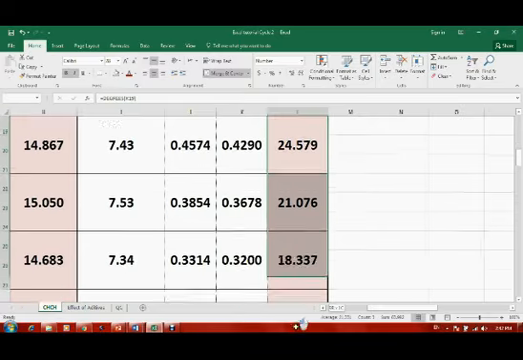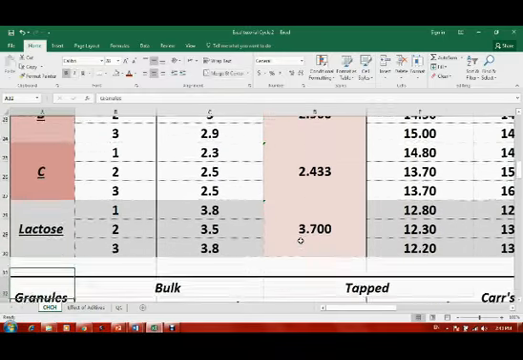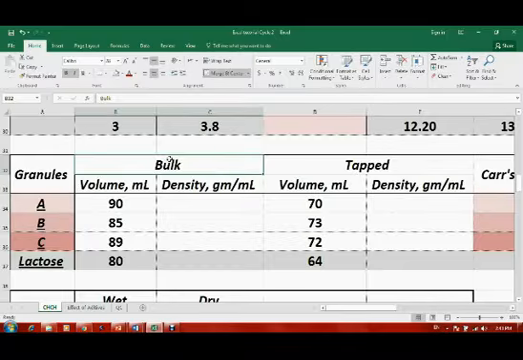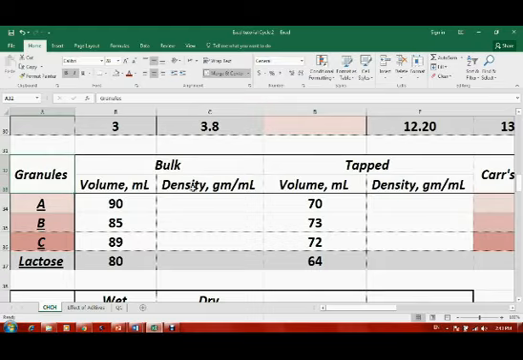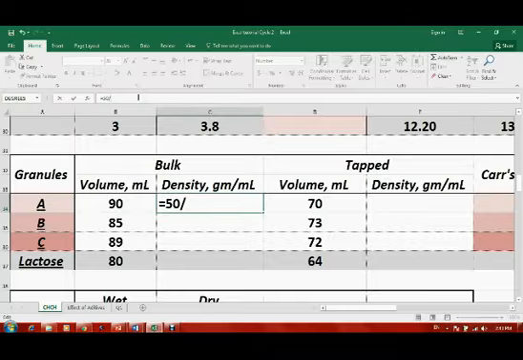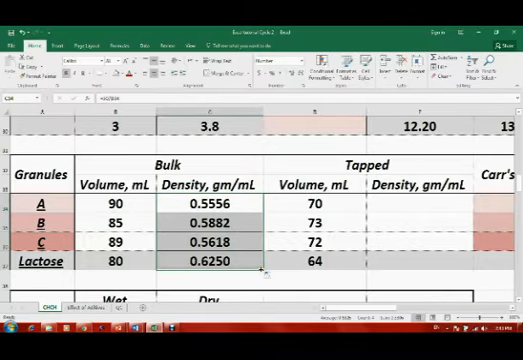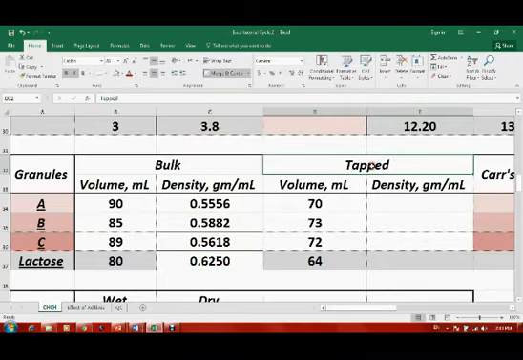Now, to calculate both Carr's index and Hausner's ratio, we have to calculate the bulk and tap density. By definition, density is the mass of unit volume. Bulk density is the mass of unit volume of the bulk volume. As you can remember, we measured these volumes for 50 grams of granules or lactose.